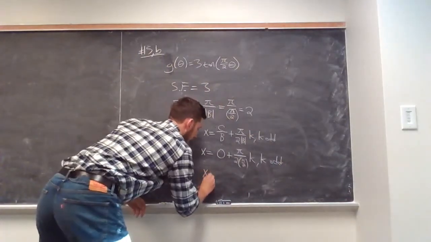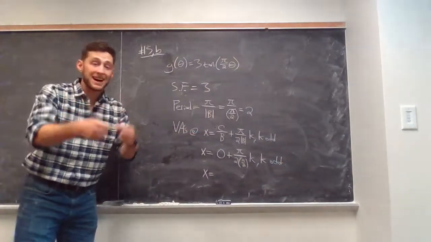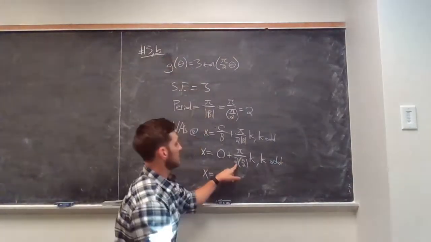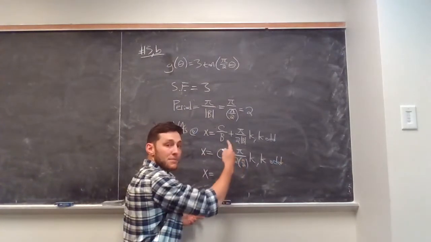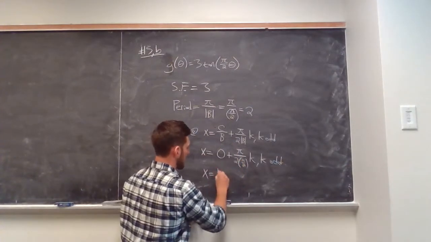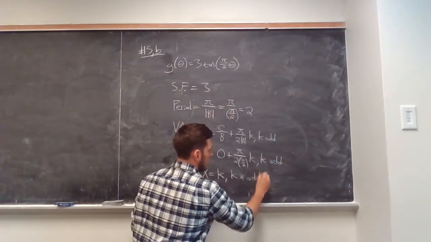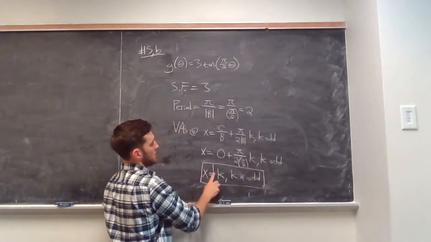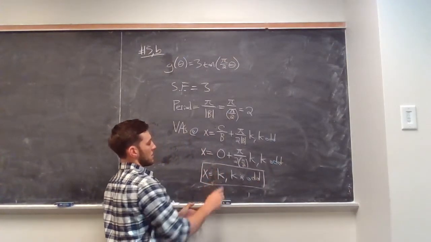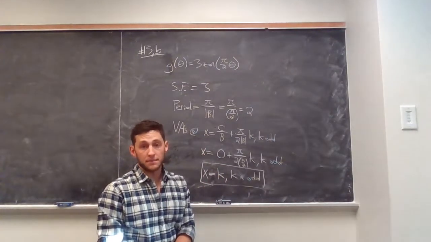And when we simplify this out, and notice I'm always putting x equals because it is a vertical line, x equals, well, the 2's cancel here, and then the pi's cancel, so I'll just get 1 times K. So x equals K, where K is odd. And like I said, I shouldn't have boxed prematurely. I need x equals here. That's important. So x equals K, where K is odd.